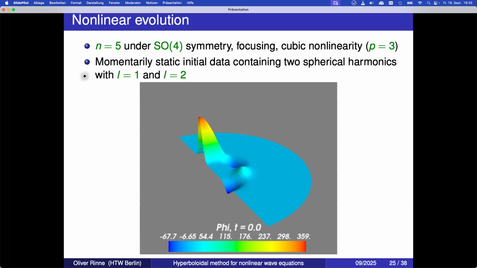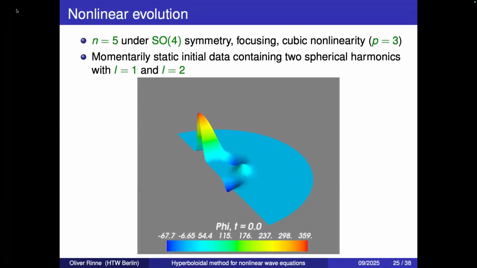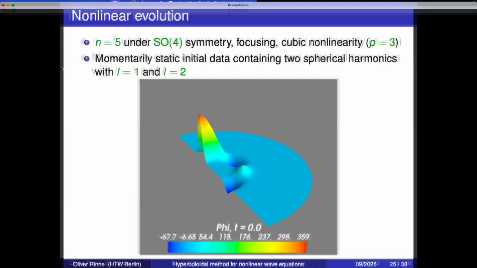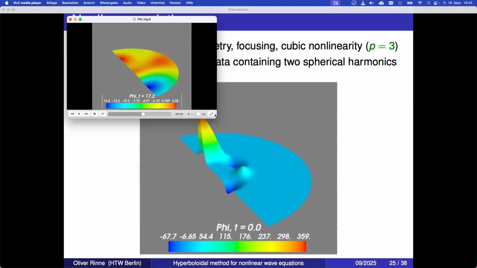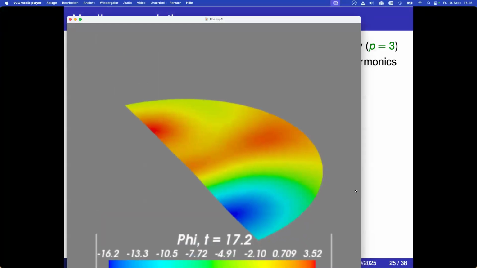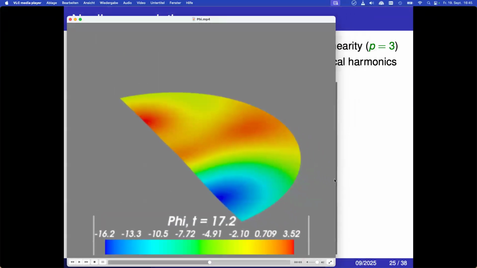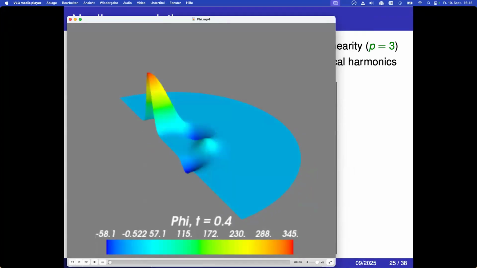Okay, so let me make this a little bit smaller. Okay, can you see this movie now? Yes.